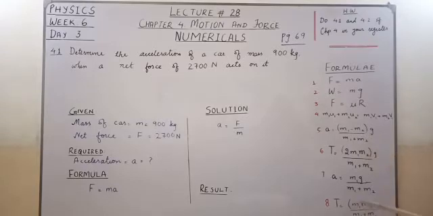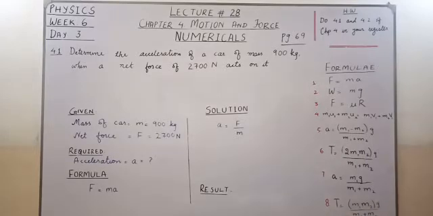Then we have learned the formula for the acceleration and tension in two cases. Case number 1, when the two bodies are hanging vertically, the formula for acceleration is (m1 minus m2) upon (m1 plus m2) into g, and the formula for tension is 2m1m2 upon (m1 plus m2) into g.